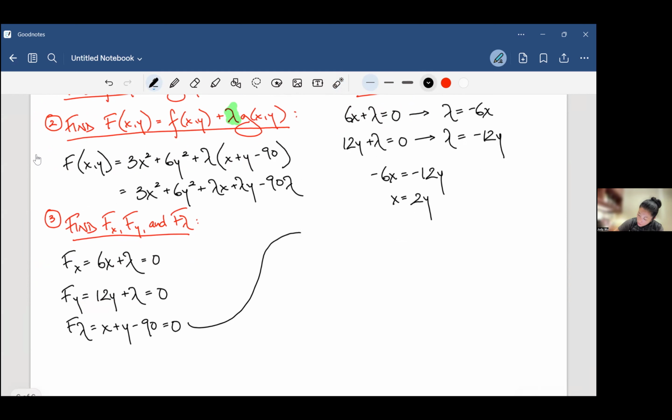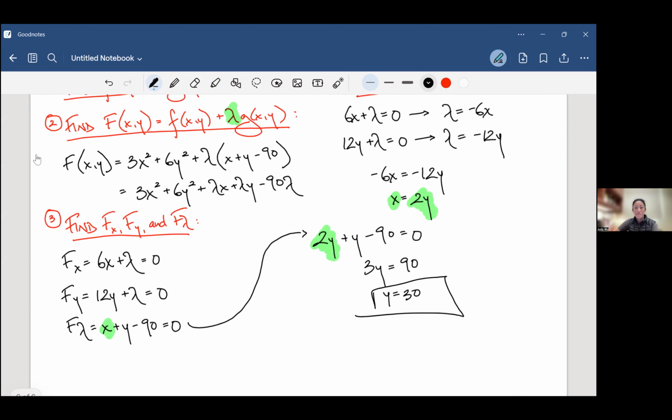So instead of x plus y minus 90 equals 0, I get 2y plus y minus 90 equals 0. Combining like terms, I end up with 3y. I add 90 to the other side, divide by 3, and get y equals 30.